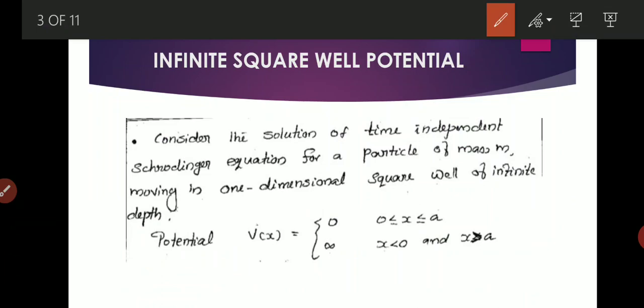That is, the potential V of x is equal to 0 where 0 is less than or equal to x less than or equal to a, and infinity for x less than 0 and x greater than a.